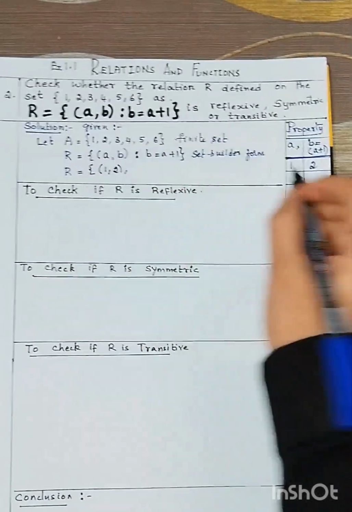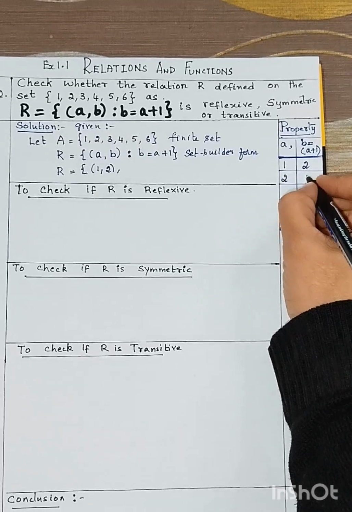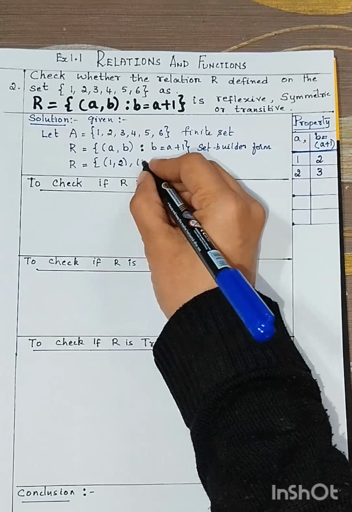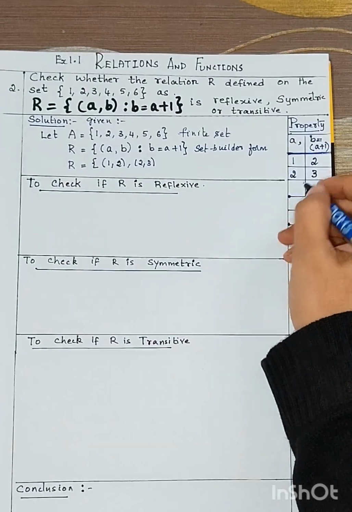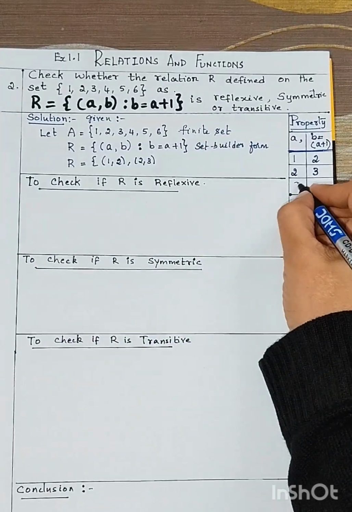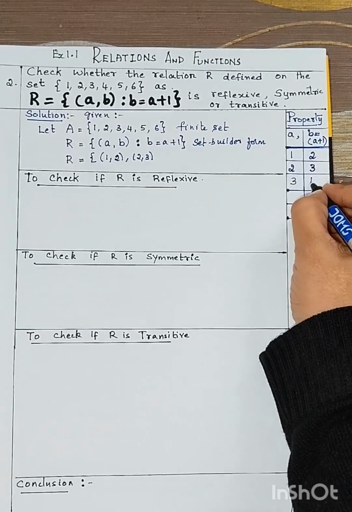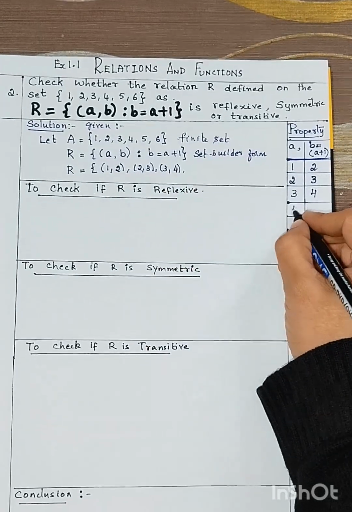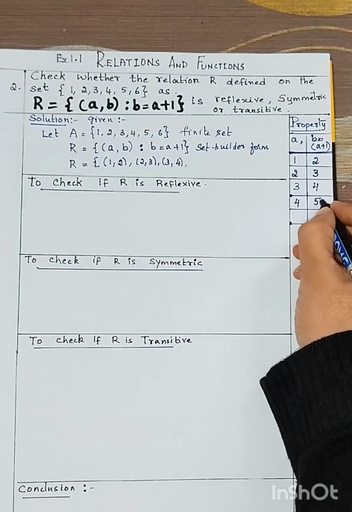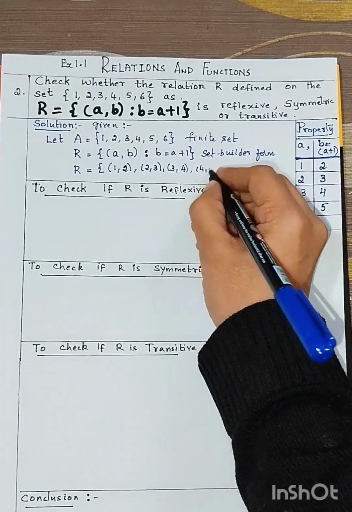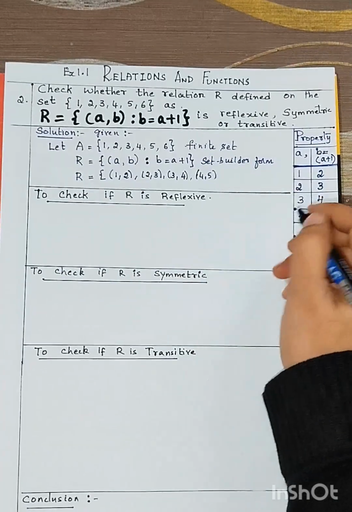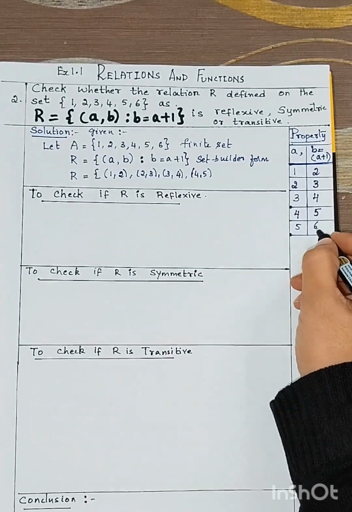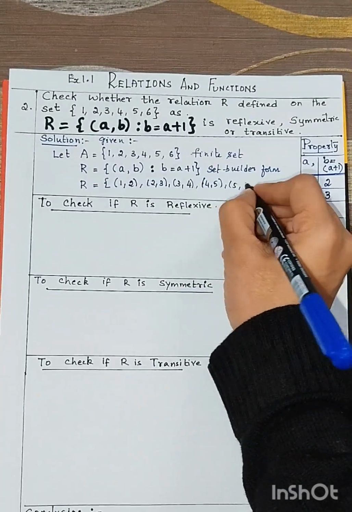We'll take another element 2, and the value of b will be 2 plus 1, which is 3. So the next ordered pair is (2, 3). The next element 3: 3 plus 1, which is 4, so (3, 4). If we take 4, 4 plus 1 is 5, so the next ordered pair is (4, 5). The next element 5: 5 plus 1 will be 6, so we will get (5, 6).